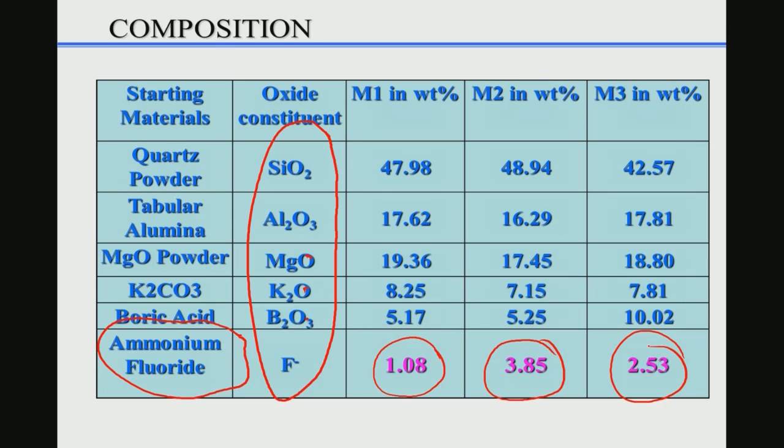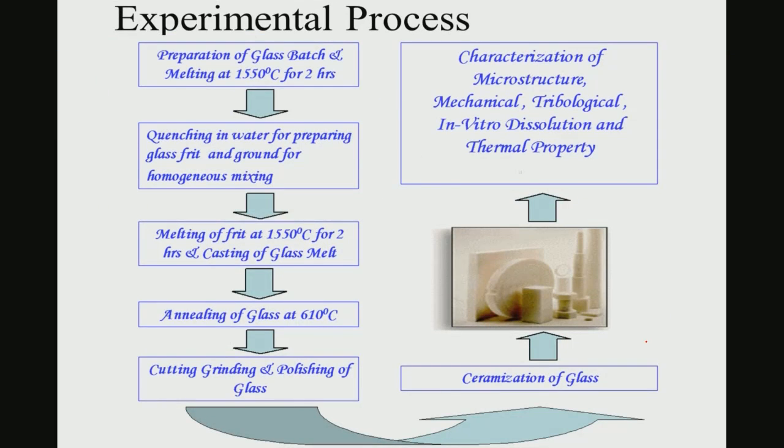I repeat once again, this is a silica based multicomponent glass, with other compositions that are mostly oxide based, like alumina, magnesium oxide, K2O and B2O3, and the fluorine has been incorporated in this glass ceramic through the use of ammonium fluoride as a precursor.